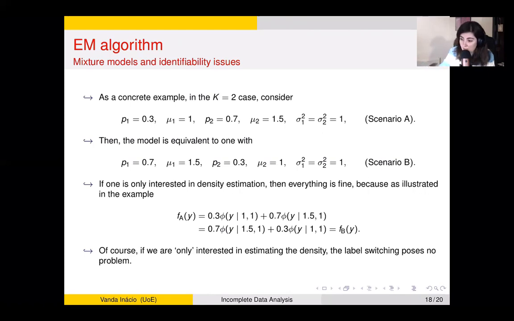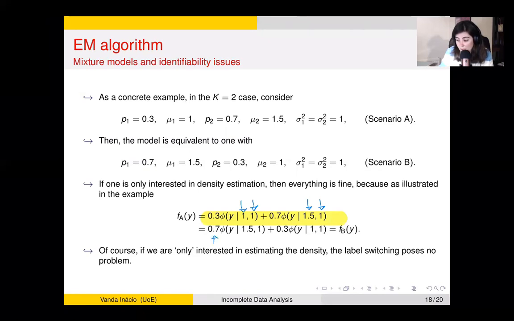And so the density associated to scenario A is this, right? I have P1 here, it's mu1 sigma 1 squared, mu2 sigma 2 squared, and that's my density. Then for scenario A, if I use the parameters that I have permuted from scenario B, this is my density, right?